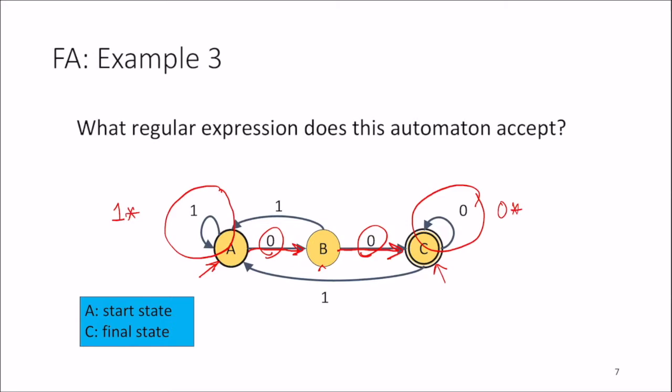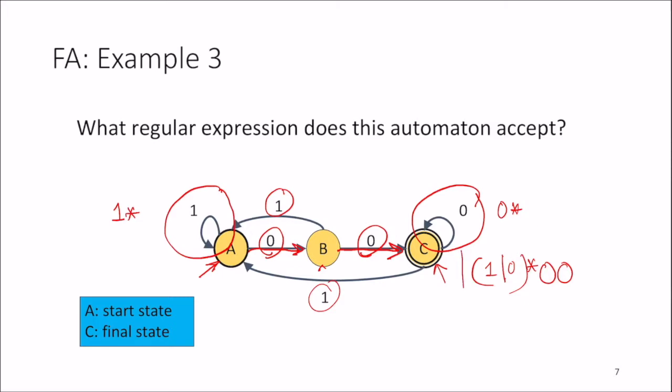As soon as it sees a 1, like either here or here, it goes back to the start state A and keeps accepting any number of 1s that you want, as long as you end up with 2 zeros at the end. So from the structure of this finite state machine, you can see that it's supposed to end in 2 zeros, and then you can have any number of 1s or zeros as long as you end in 2 zeros at the end.